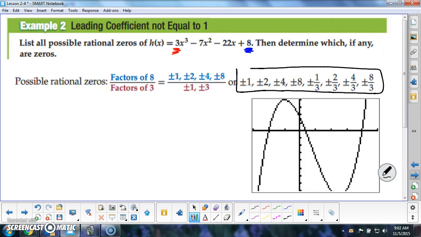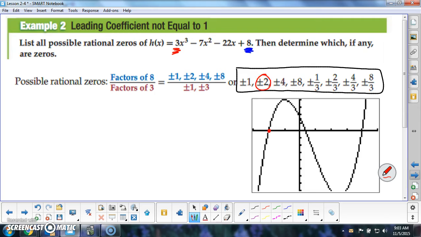So now your list ends up looking like this. It's a pretty long list. It's any combination of the blue numbers over any combination of the red numbers. So 1 over 1, 2 over 1, 4 over 1, 8 over 1. But then you have to also consider 1 over 3, 2 over 3, 4 over 3, 8 over 3. Then determine which, if any of these, are actually zeros. So we graph it. It looks like it crosses at -2, and that's listed right here.